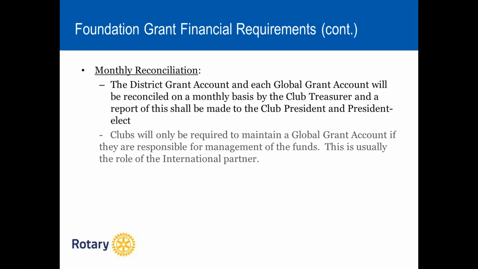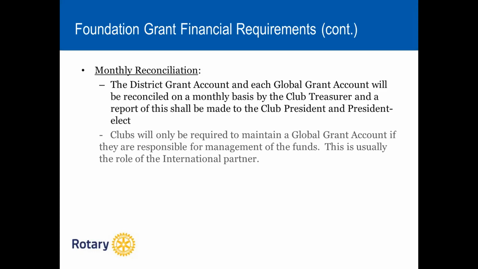This is usually the role of the international partner. But for example, when the Pearl Haven project on the North Shore is ready to move forward, the club submitting the global grant and administering the funds will have a separate global grant account for that, in addition to their separate district grants account.